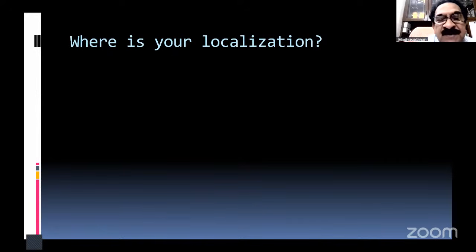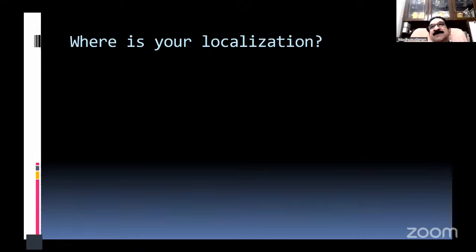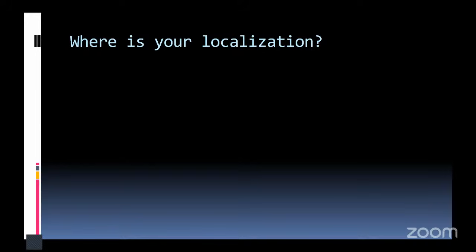So where is your localization? Hip abduction bedside was normal. Adduction was also normal. Hip flexion was weak. Myeloneuropathy, sir.